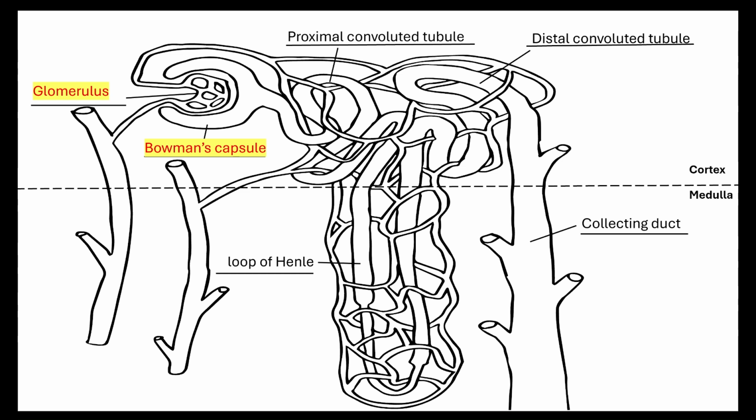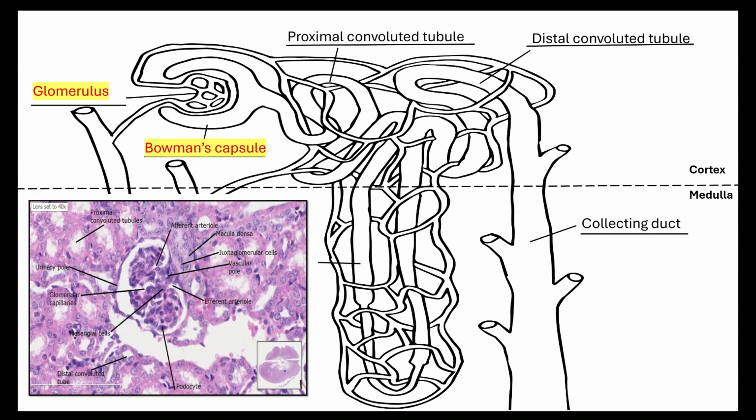So we're really interested right now because we're looking at ultrafiltration. We want to look at the glomerulus and the Bowman's capsule. And what they love to do in the exam is give you the histology pictures without the labels.